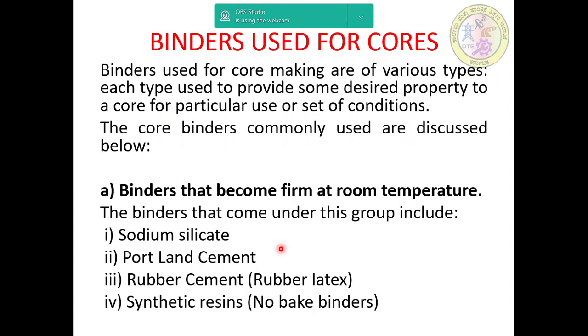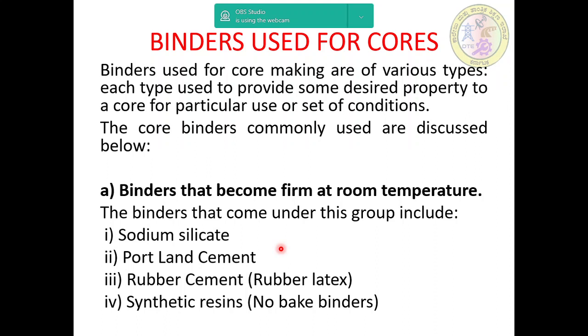First we will take binders that become firm at room temperatures. Here the binders that come under this group include sodium silicate, and then Portland cement, rubber cement, synthetic resins, etc. In sodium silicate, sodium silicate is mixed with silica sand, that is silica sand is the base sand, to prepare a core of desired shape and size.